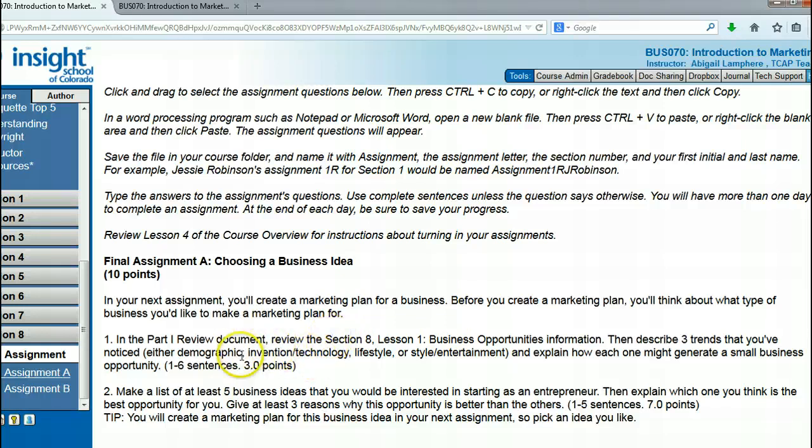So really do some thinking. Take a few minutes, or 30, and think really hard. What are some trends that you've noticed? What are some things you see people doing these days, or lifestyle arrangements that they have? Then think about what you could do with those trends that could generate a small business opportunity. So you're going to say the trend.